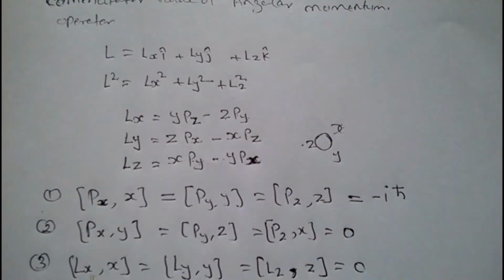Linear momentum with the same axis, the value is minus i h cross, and with a different axis the value is 0, means commute. The angular momentum with the same axis, the value is 0, means commute, and the angular momentum with a different axis, Ly, z or Lz, x, has some value, so it is not equal to 0.